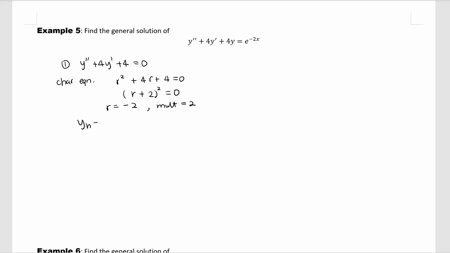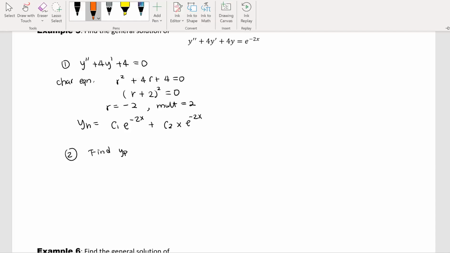Then what is the homogeneous solution? c1 e to the negative 2x plus c2x e to the negative 2x. So far, so good, everybody? That is step 1. So step 2, we want to find yp, and first, we're gonna look at the right-hand side.